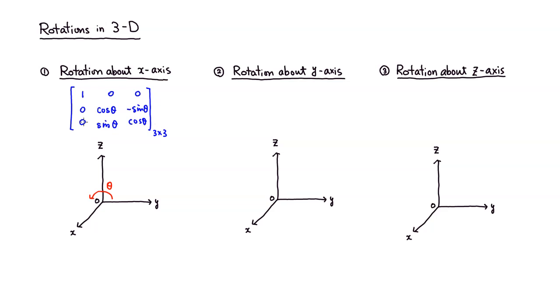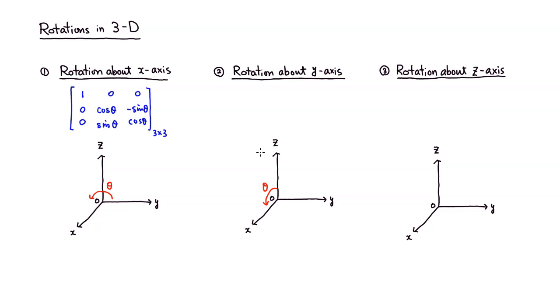Can we come up with a matrix corresponding to rotation about the y-axis? Here's the picture. The y-axis is here, and you want the counterclockwise rotation with y pointing upward, so we want to rotate this way by theta.